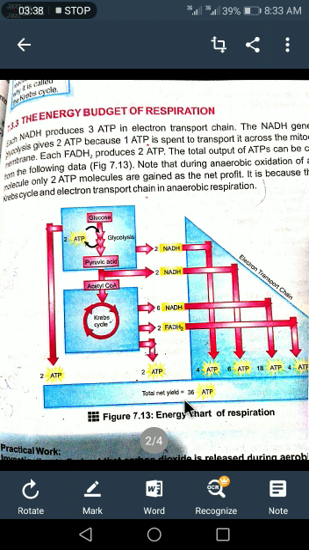From one molecule of glucose, total ATP produced is 38, and from 38, 2 are used, and 36 is the net yield of ATP. So this is the energy chart of respiration.